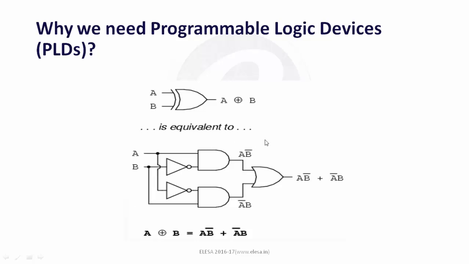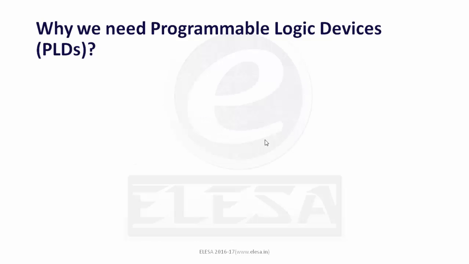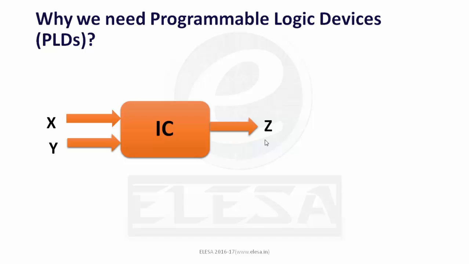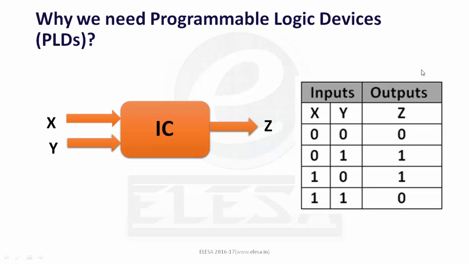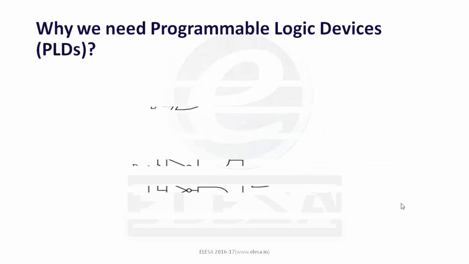Right? Now let's go towards reverse engineering. Suppose in the world you have found a problem, and to solve this problem you have developed your logic, and your logic seems very similar to this truth table. So your problem will be solved if you have any IC which works similar to this. So what will you do? You will do reverse engineering: from this truth table you will design a logical expression.